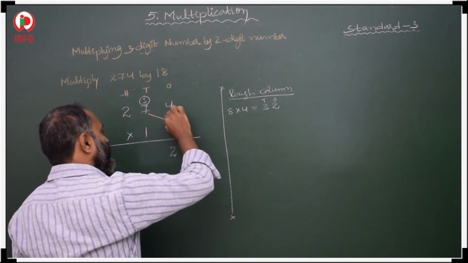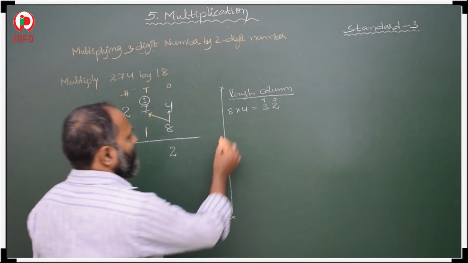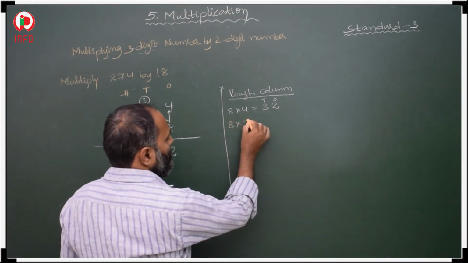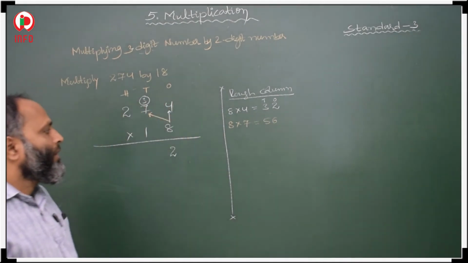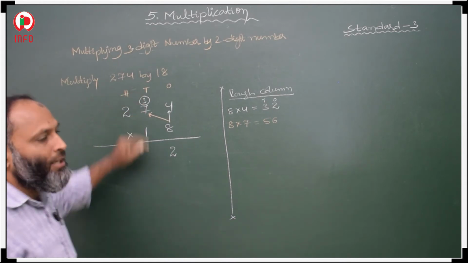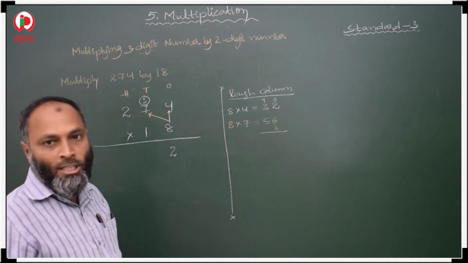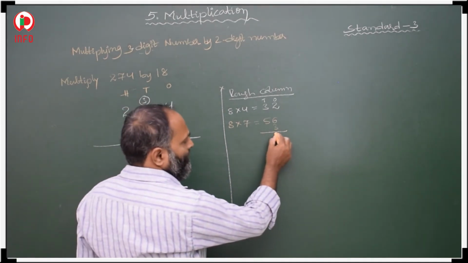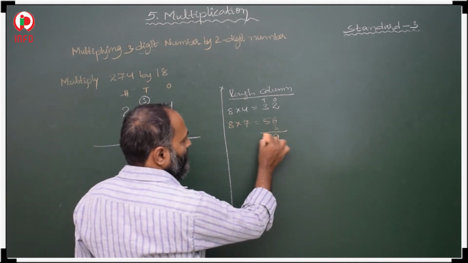Okay. Now after that, this 8 with tens place. 8 7s are 56. And what is carry over here? 3. That you have to add. 6 plus 3, 9. And this 5 as it is.